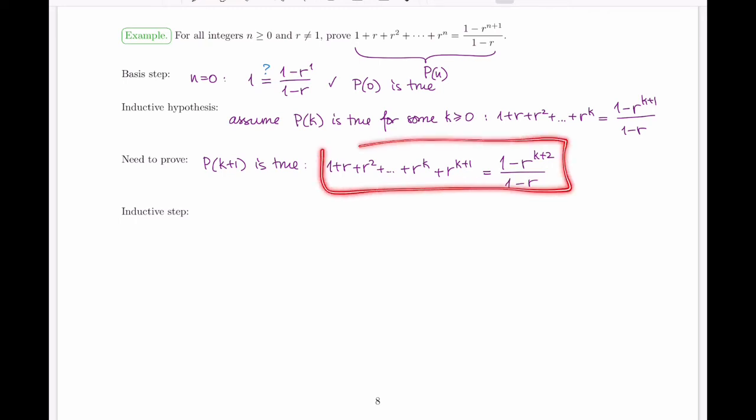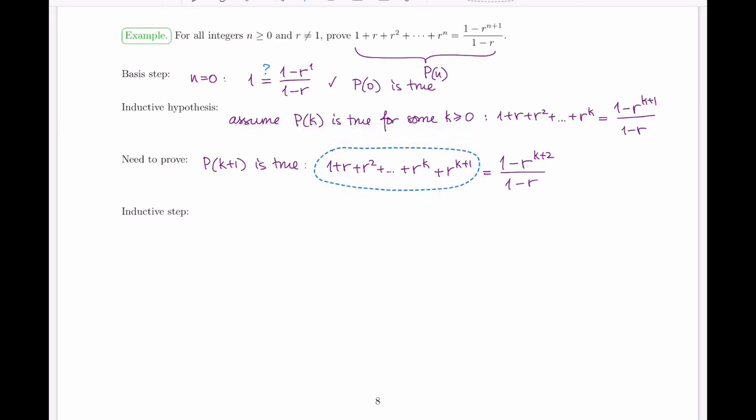This is the expression or the equation that I'm trying to prove. Okay. In the inductive step, I'm going to start with the left-hand side. So let's take the left-hand side, copy it over here. And as before, this is going to be exactly the same way in all of the inductive proofs. In some cases, you have to work a little bit harder at it first.